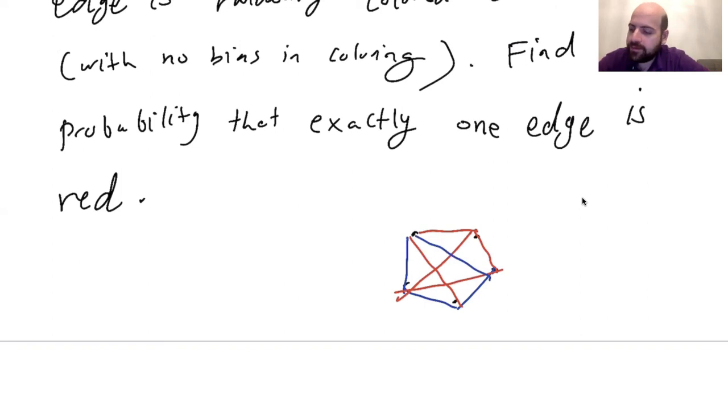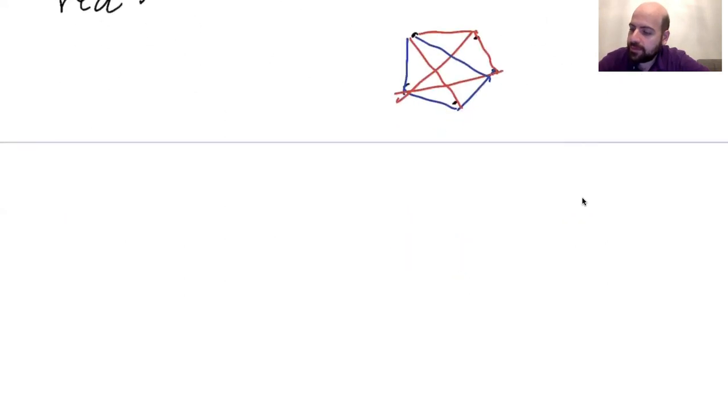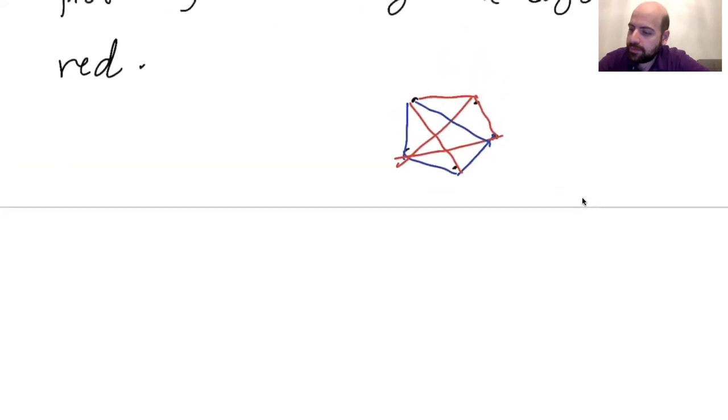Let's say this one, for example. And so what are the possible outcomes here? So how many possible outcomes do we have? See, this one that I sketched here is just one outcome, right?